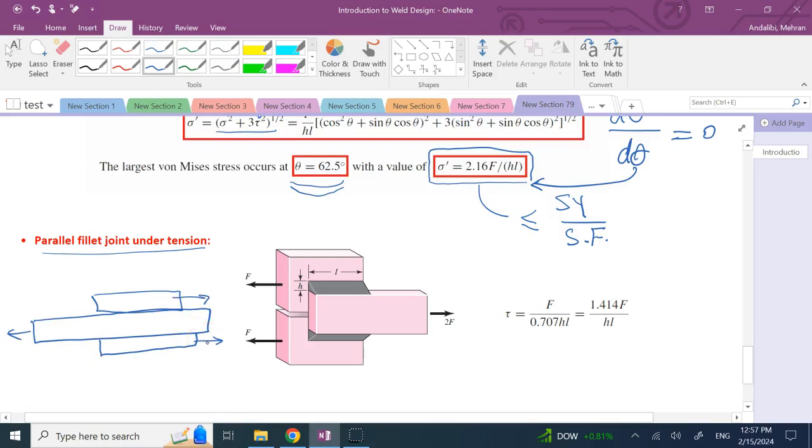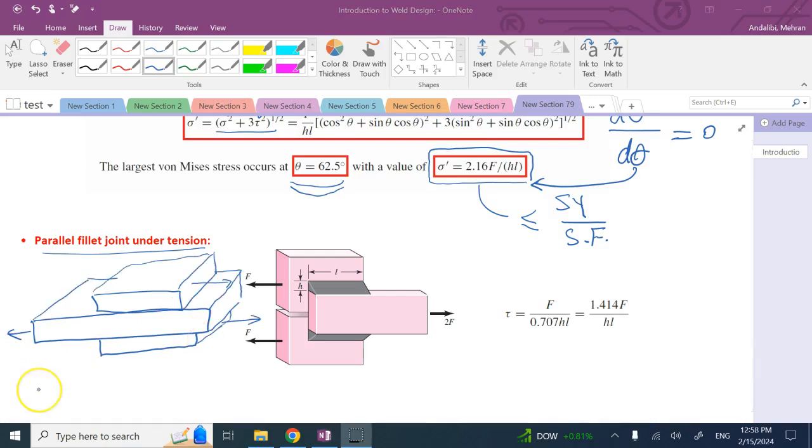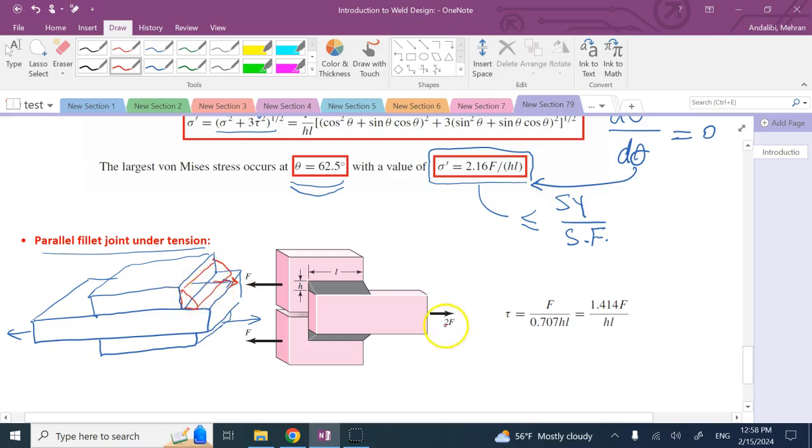I added some edges to make it a little more 3D so you can see it better. It's just the geometry, really. In this case, the weld bead is here, and the force is perpendicular to the weld bead, while in here the force is parallel to the weld bead.